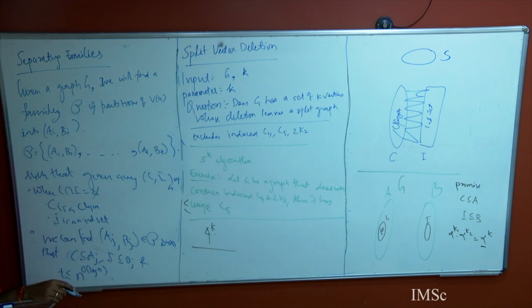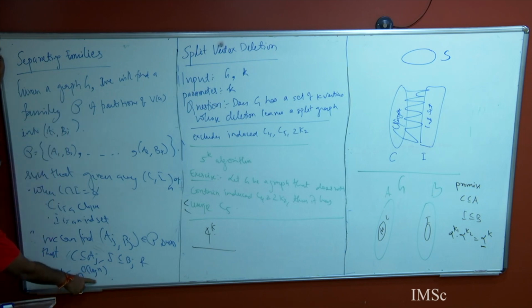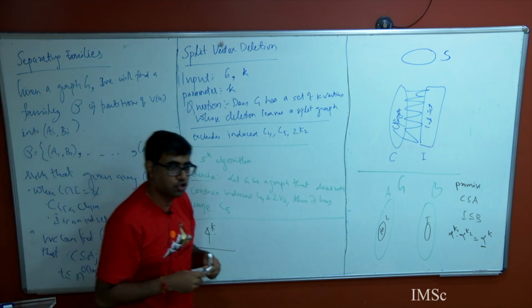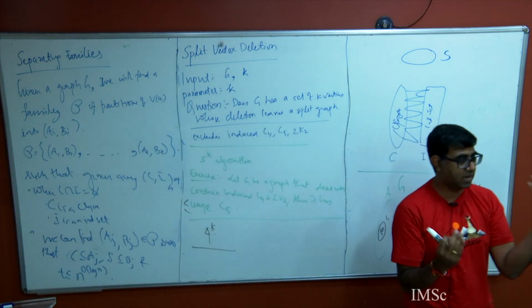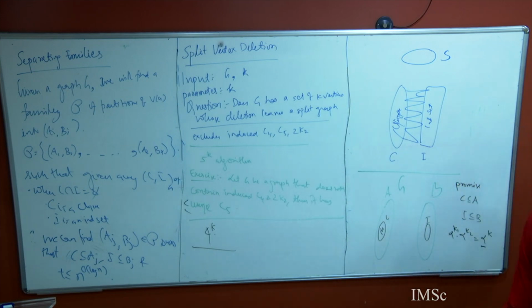So what I'm saying to you is, given a graph G, in n to the power big O of log n time, I can come up with a family of partitions with the property that you give me a clique and an independent set, your choice. The only thing is that this C and I shouldn't intersect. They might intersect in a single vertex, but I want that C and I shouldn't intersect at all. Then I will give you (Ai, Bi) in your family such that C is contained inside Ai and I is contained inside Bi.